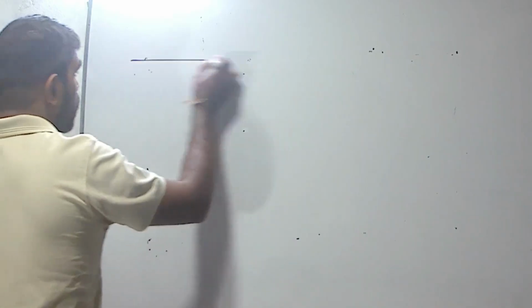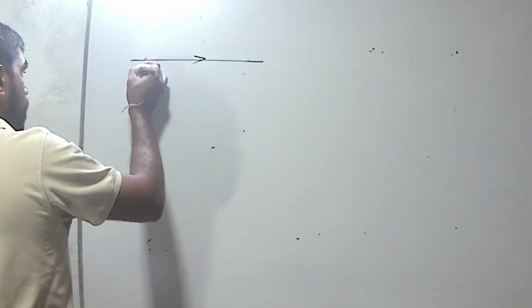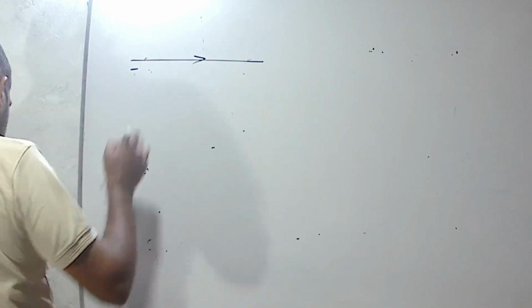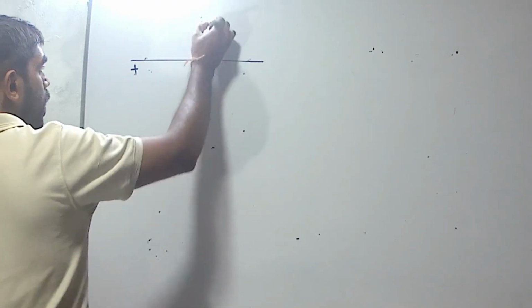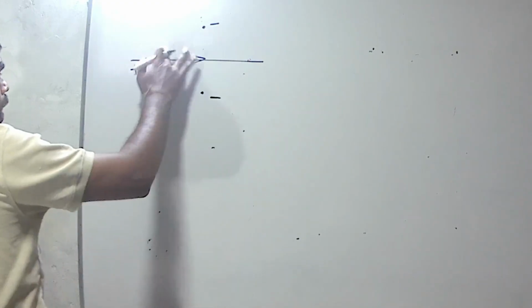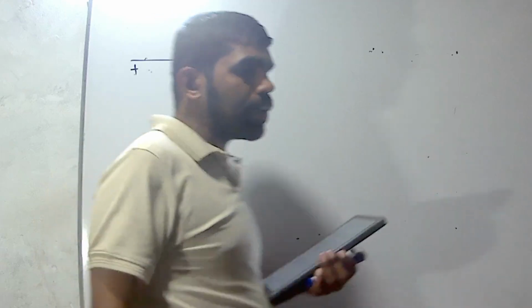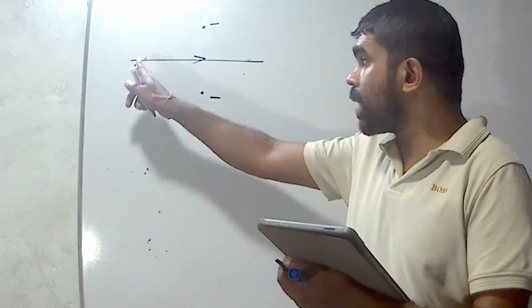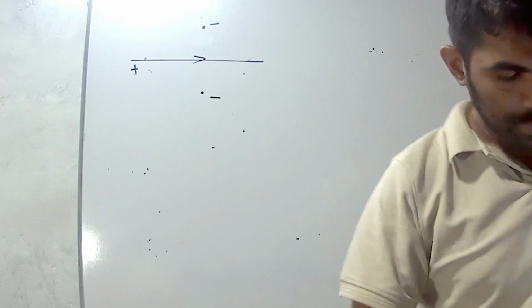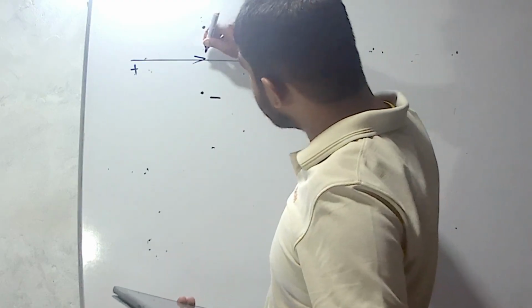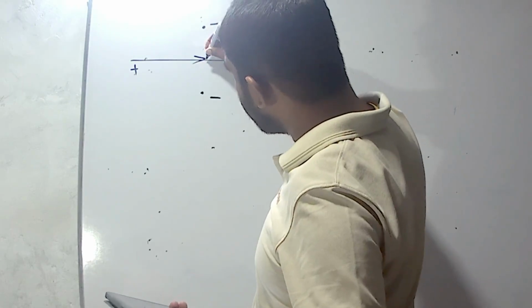It is like this: plus charge, and there are two minus charges at A and B. We know that there is an attraction between plus and minus. Therefore, it will attract to this charge and this charge at this phase.